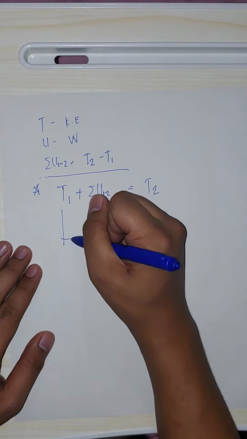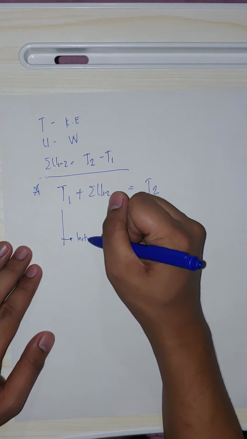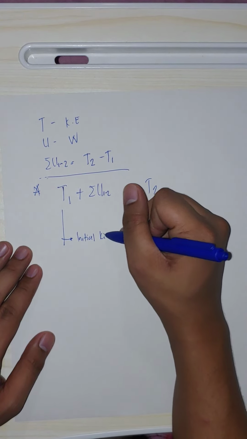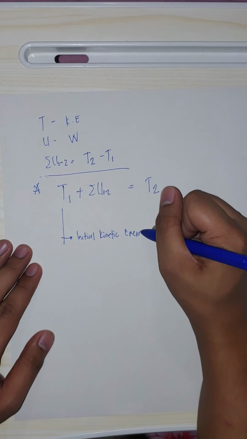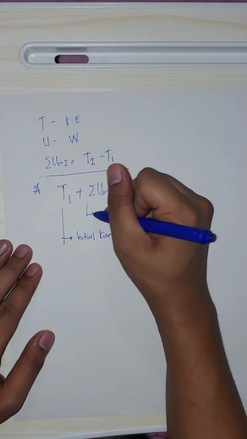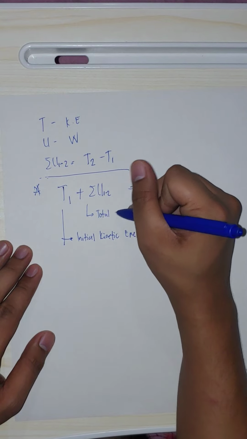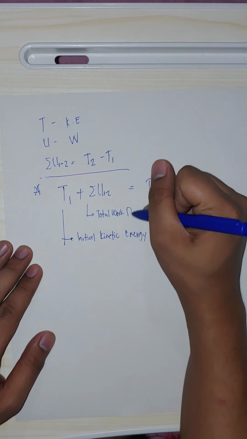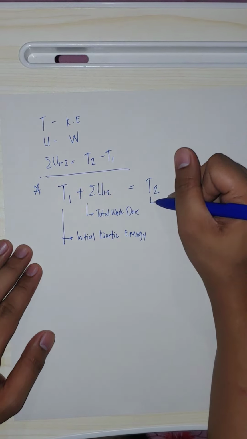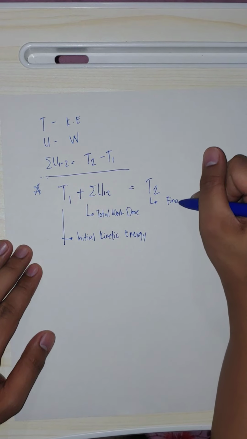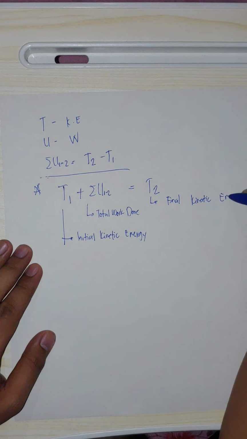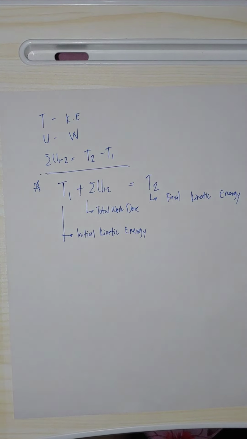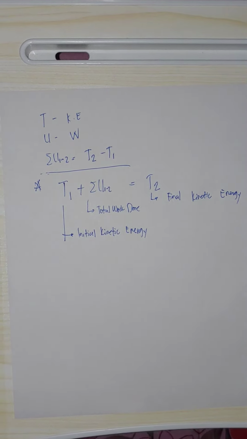So we have here the initial kinetic energy, and then the total work done, and then the final kinetic energy. So that is their relationship.